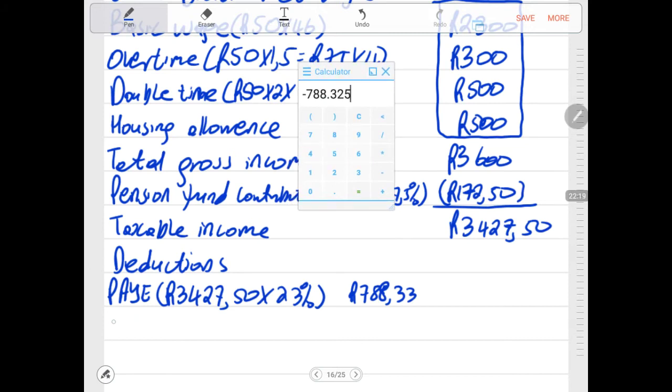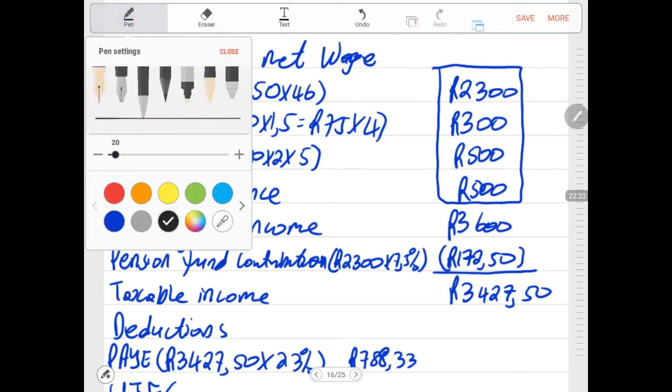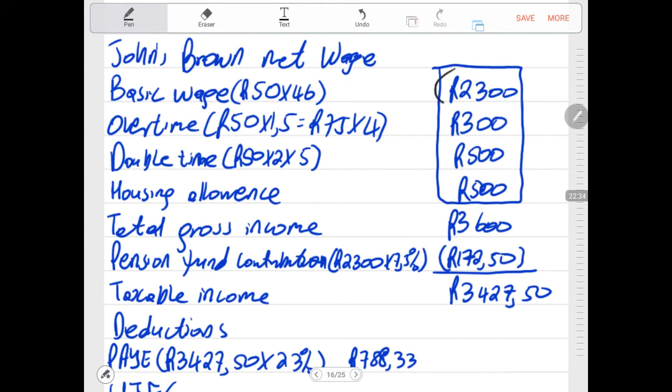Then after, we go in order to the unemployment insurance fund, which is UIF. I also want to highlight that UIF is calculated from the basic wage, and our basic wage is 2,300. I want to stress this because it is quite important.